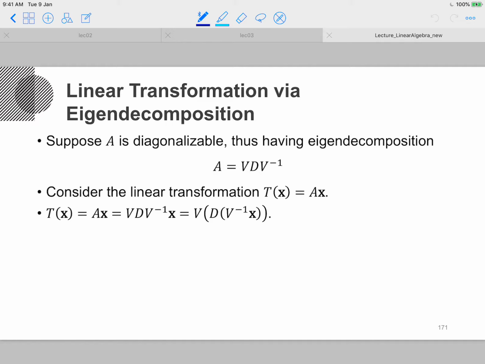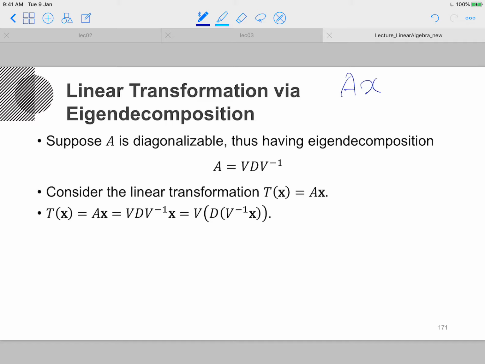Okay, and then let me just quickly finish this eigen decomposition before we move. We are ready to move to singular value decomposition. So suppose our matrix A has eigen decomposition. Okay, and then we can understand this matrix A as a linear transformation matrix.